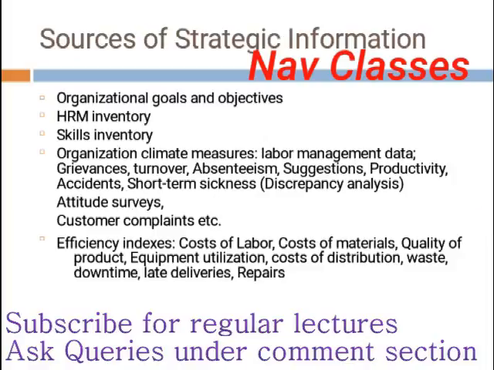What are the sources of strategic information for organizational analysis? We also call this methods of organizational analysis. These are organizational goals and objectives as well. HRM inventories, formerly known as manpower inventory, skill inventories, organization climate measures like labor management data, grievance, turnover, absenteeism, suggestions by workers and organizational members, productivity, accidents, short-term sickness.